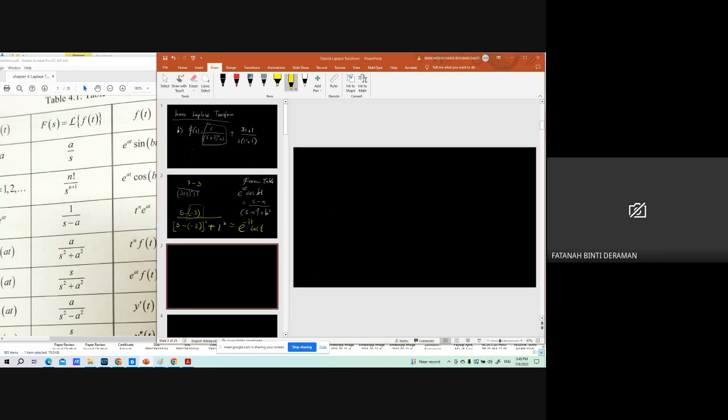So we have s minus 3 over s minus 3 square, big bracket, plus 1. And then we have another 3 here, right? Because we add, actually there is nothing here.